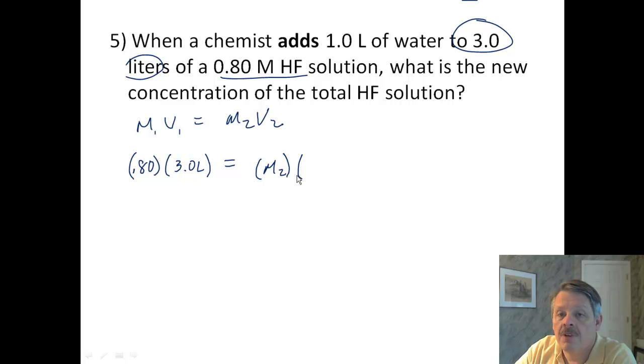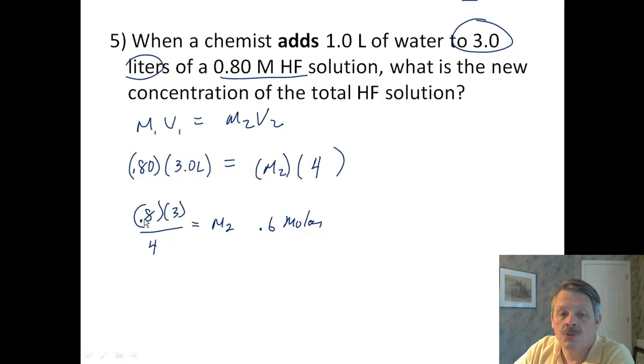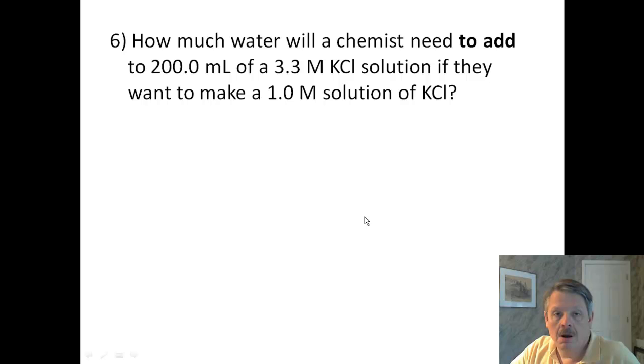And for our final volume, you have to be careful. You'll notice they're adding 1 liter of water to 3 liters, so when you're all done, you're going to have a total of 4 liters of solution. So I take 0.8, multiply it by 3, and divide by 4. That's some pretty easy math to come up with M2, and that is 0.6 molar. It's 3/4 of 0.8, which is 0.6. Okay? All right, let's go on to number 6.